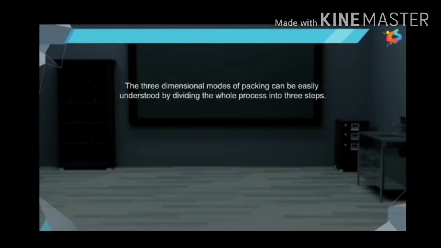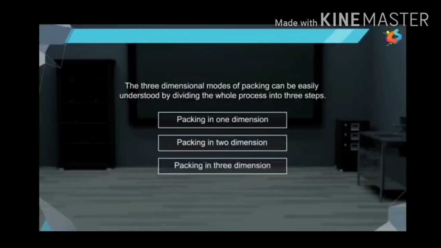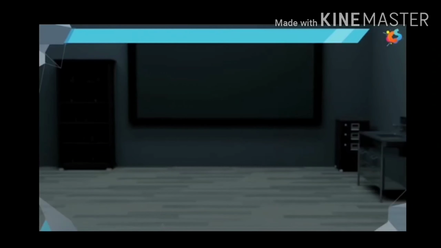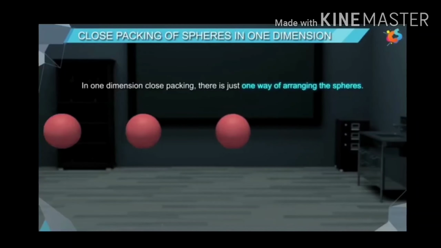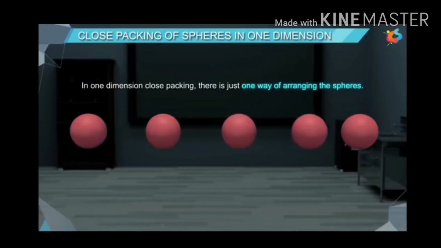Whatever we have seen, the same can be observed in this video as well. Here it is mentioned that the 3-dimensional mode of packing can be done in 3 steps: 1-dimensional, 2-dimensional and 3-dimensional. Of course, as we have drawn, in the case of 1-dimensional, we will arrange the spheres, as you see, in 1 dimension only.